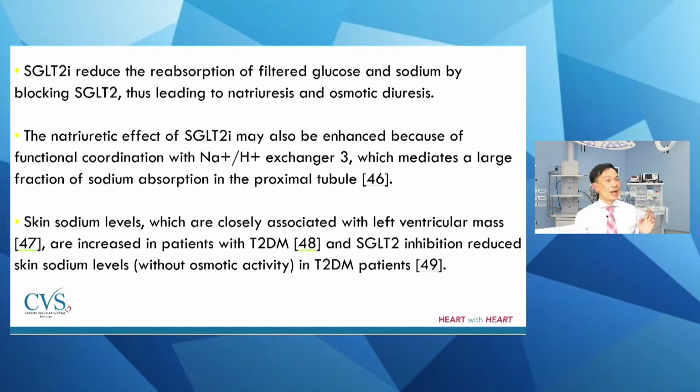They also at the same time reduce the reabsorption of sodium in the proximal tubules. So what does that lead to? It leads to natriuresis and at the same time osmotic diuresis. And they also block sodium hydrogen exchanger number 3, which mediates sodium reabsorption also in the proximal tubule.